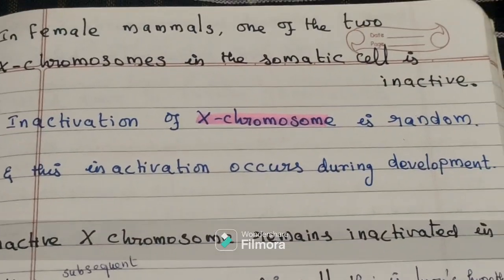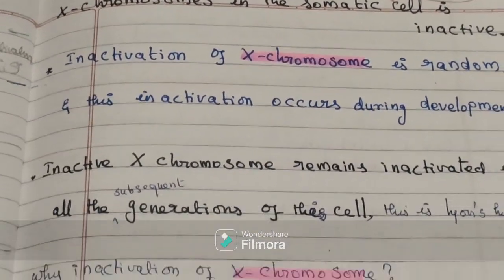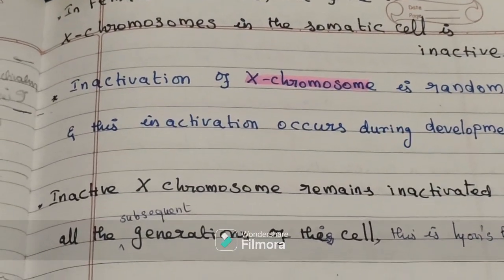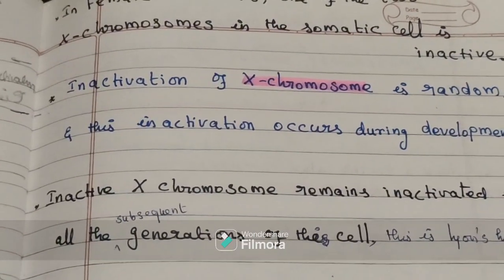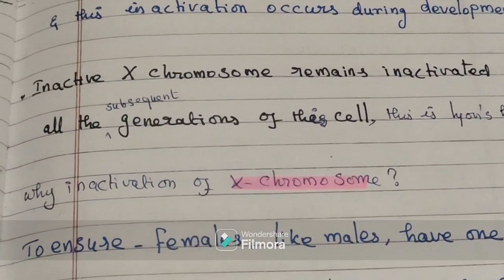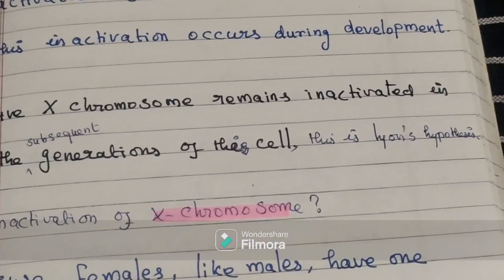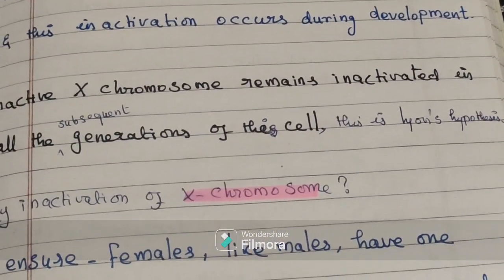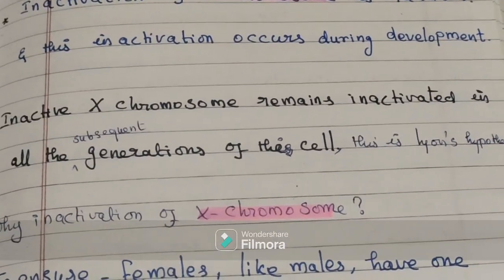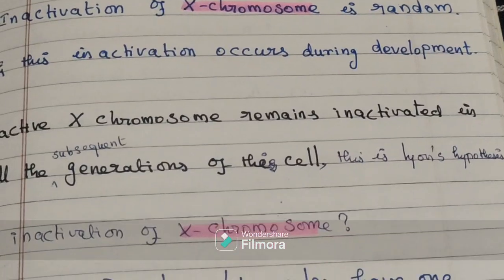It occurs during development. This inactive X chromosome remains inactive in all the subsequent generations of this cell. This is Lyon's hypothesis.